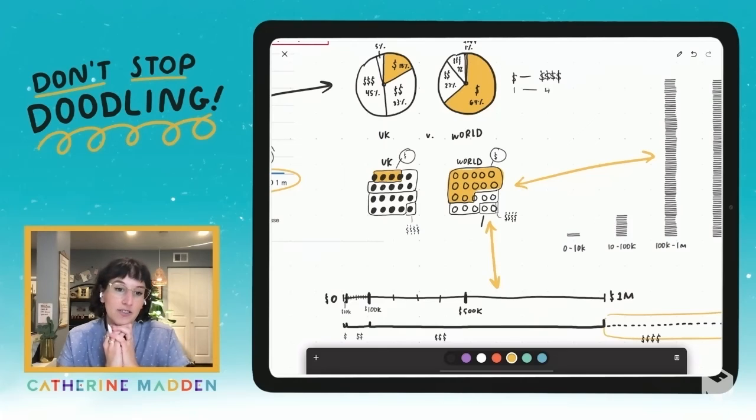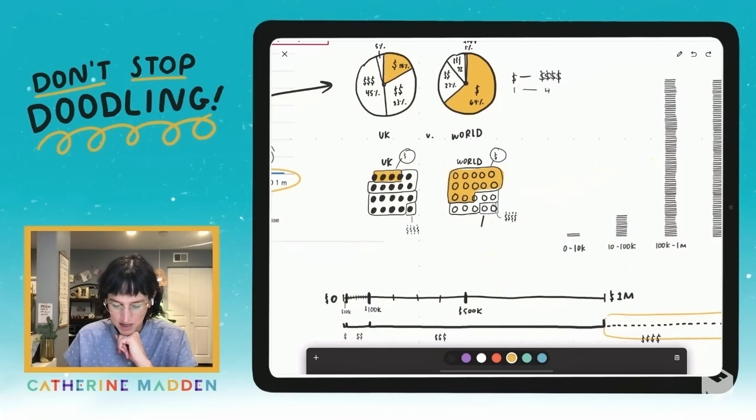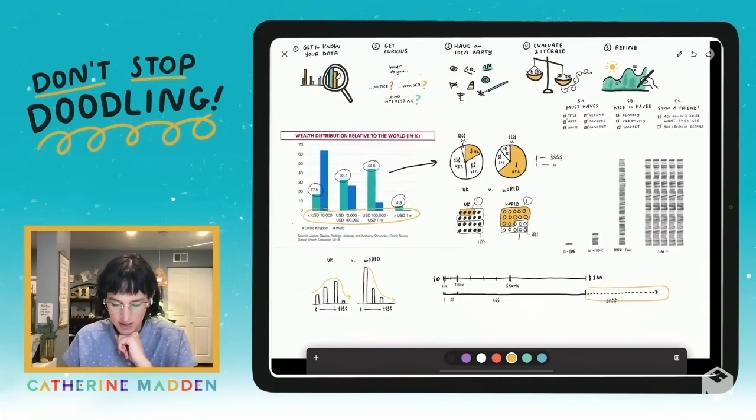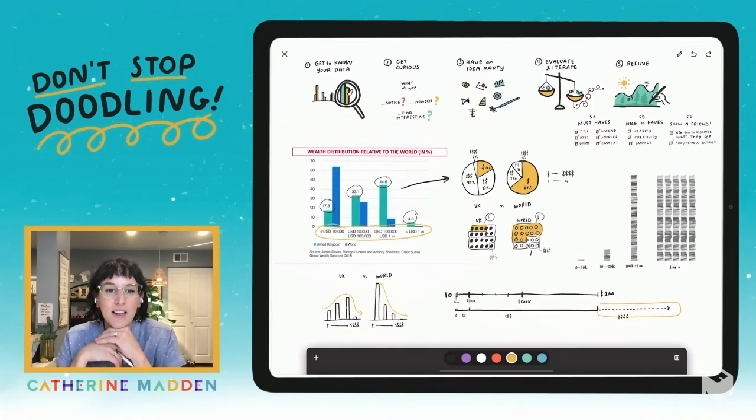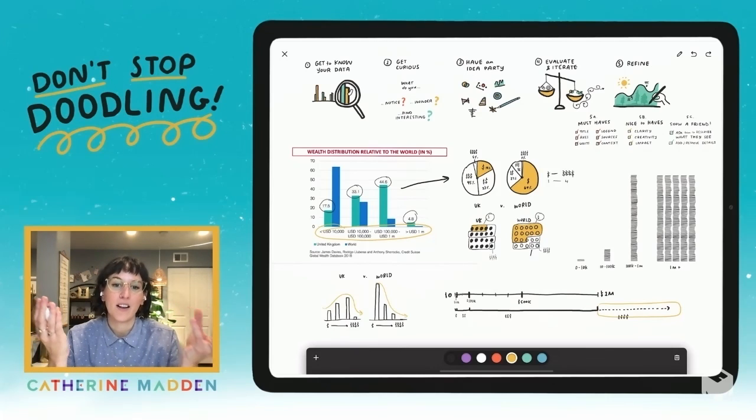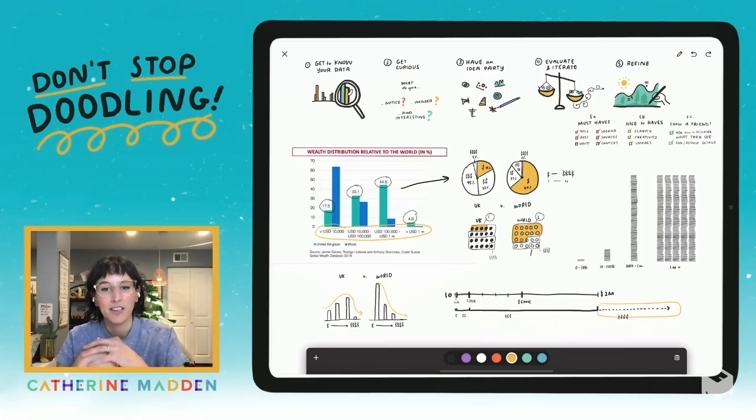I tried 100 different versions and I didn't love any of them, but this is the one I spent the most time on. And I can imagine if you choose to attempt to make over this chart, it's going to be an awesome, exciting challenge, because I think it is very interesting and challenging to convey the concept of wealth distribution in a simple and clear way. And I hope you have fun with it.